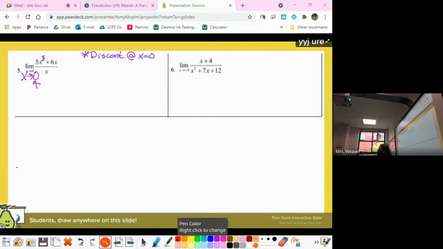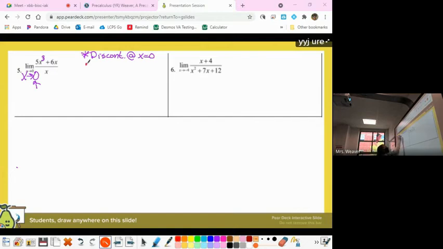Remember, it's okay that this actual function is an asymptote or is undefined at our actual number, because we said we can have an open circle and still have a limit. We just need to know what it approaches as we approach from the right and the left.